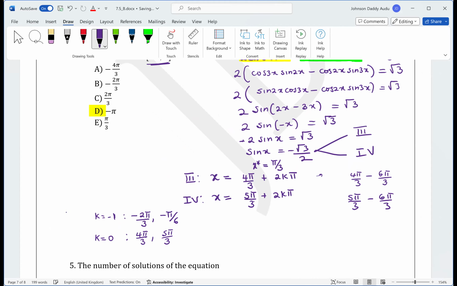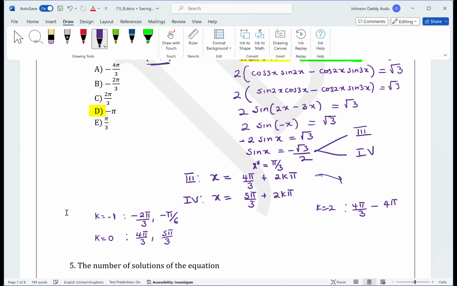If k is equal to -2, from here, what we'll get is that we have 4 pi over 3, then minus 4 times 2 pi, that will be 4, right?